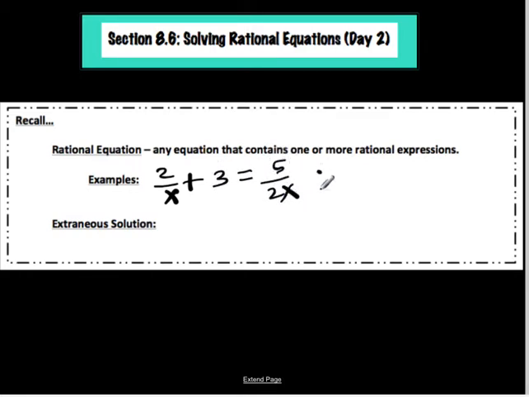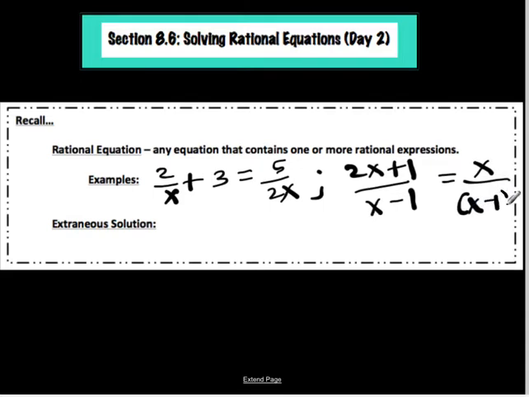Another example might be 2x plus 1 over x minus 1 is equal to x over x minus 1 squared. Okay, those are some examples of rational equations.